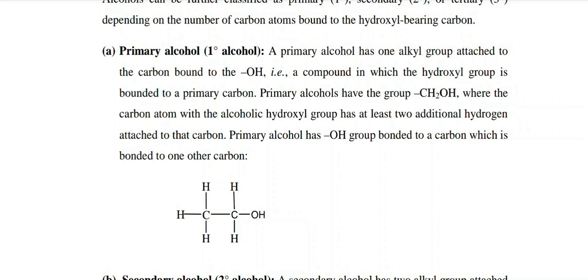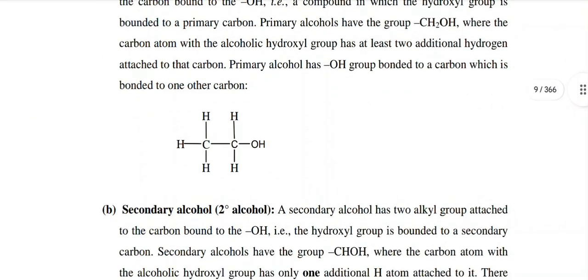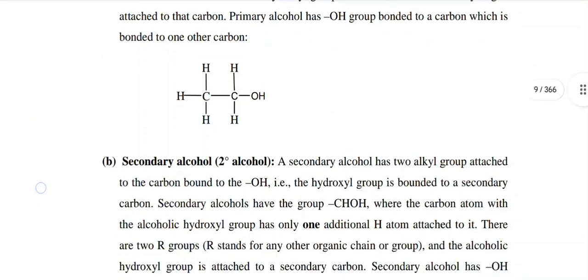Primary alcohols have the group CH2OH, where the carbon atom with the alcoholic hydroxyl group has at least two additional hydrogens attached to that carbon. A primary alcohol has the OH group bonded to a carbon which is bonded to one other carbon.